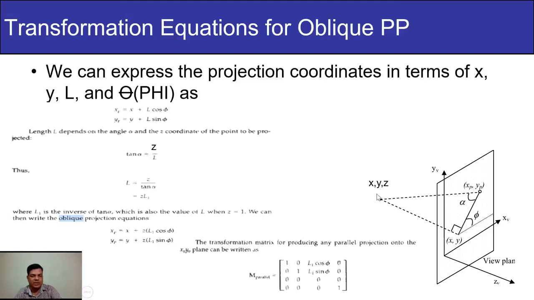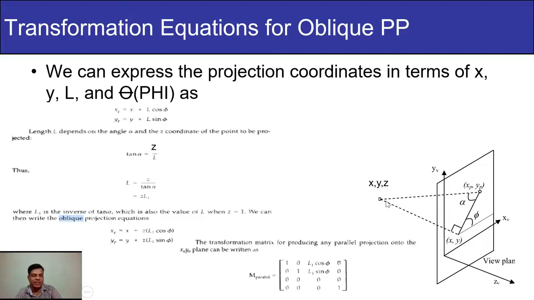So here is an object having the coordinates x comma y comma z, and it is creating two types of projection. First is orthographic projection and second is oblique projection. When it is producing orthographic projection, then certainly the value of x y z becomes x y, and this projection line will make an angle of 90° with the view plane.